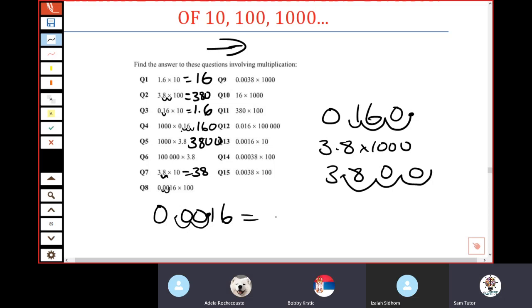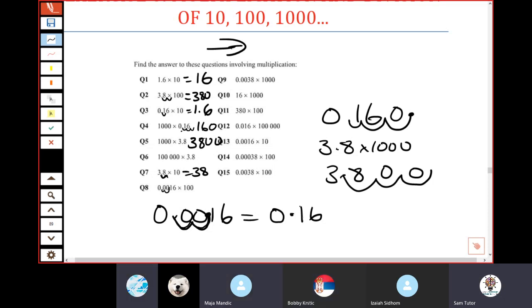Is it 0.16? Yes. So guys, when you're moving the decimal here, your decimal's here now. So before the decimal, it's going to be 0 and then 16. So there's your 0.16.